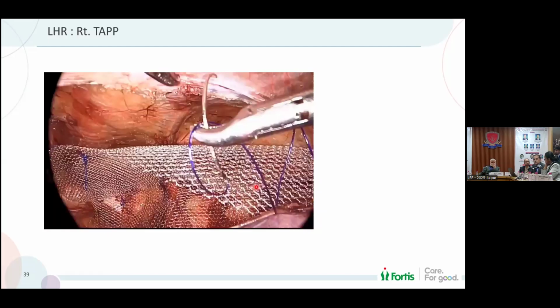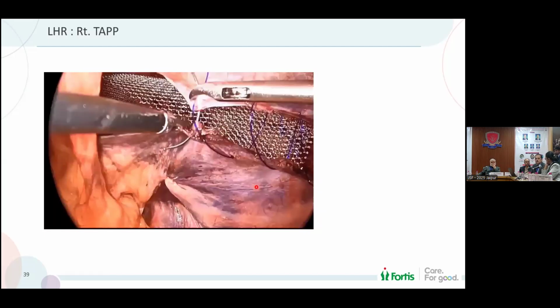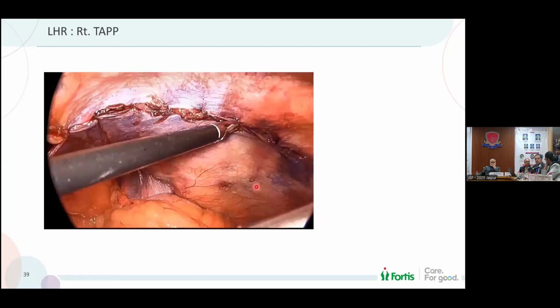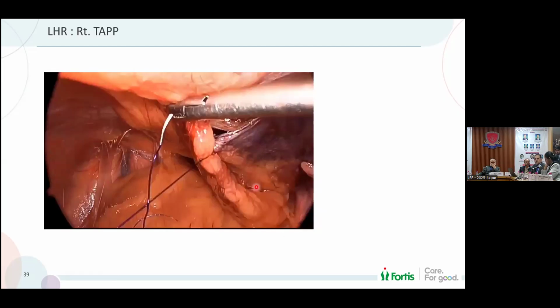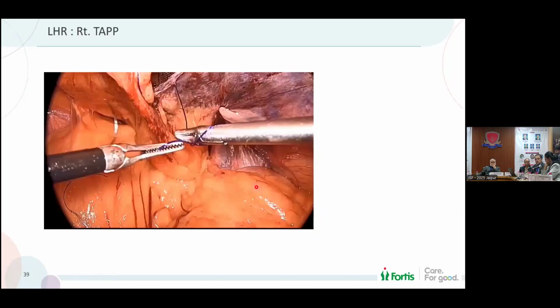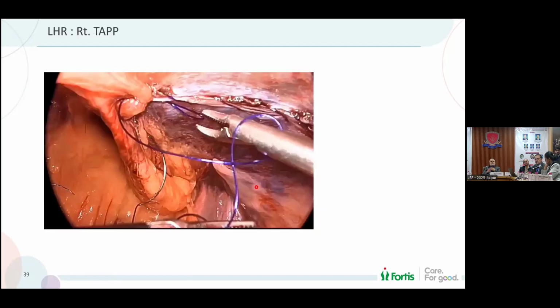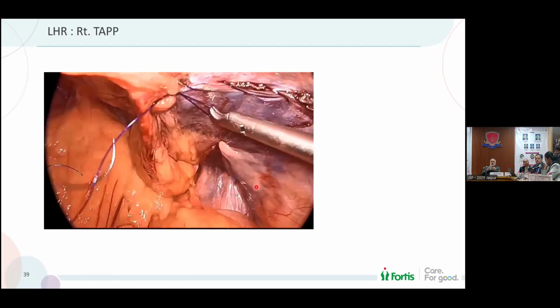This is the reason that there are less chances of recurrence in laparoscopic hernia repair for groin, because when we cover all the potential sites for groin hernia by a large mesh and fix it properly, there's no reason why hernia should recur.